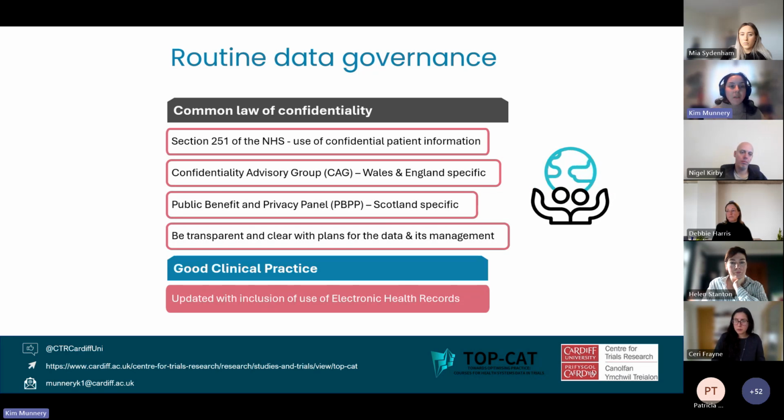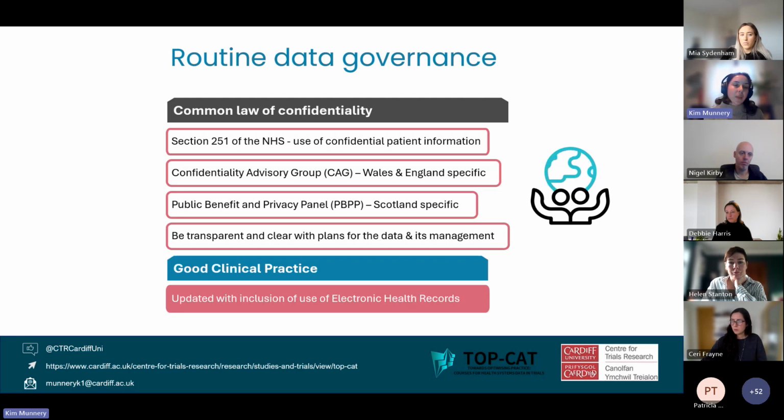Everything I've discussed ranges from a level of being fully anonymized data sets, and then going downwards, looking at more disaggregated data, so more personal data, where special category data would be.